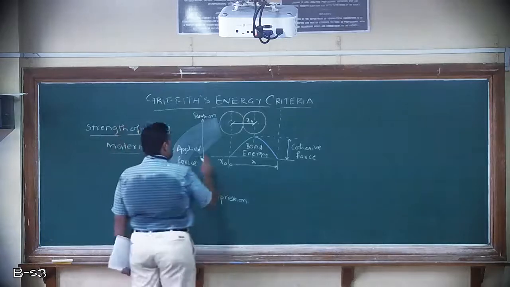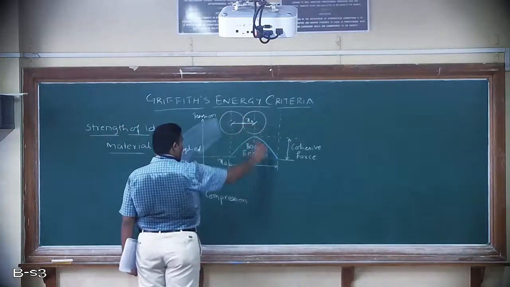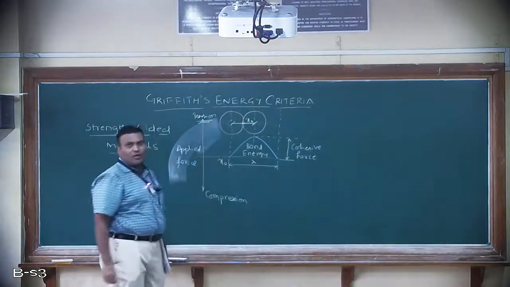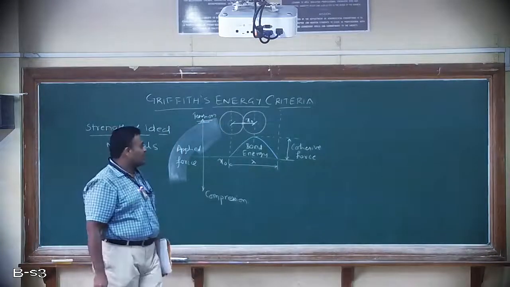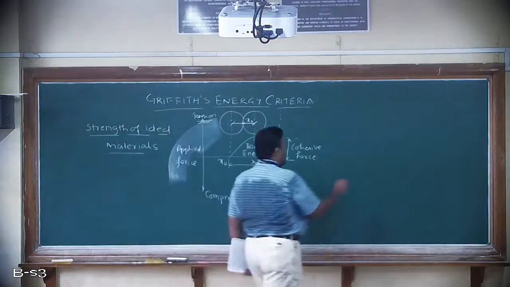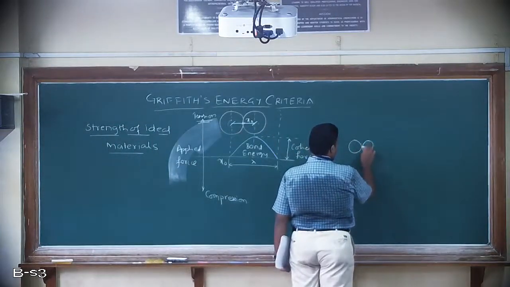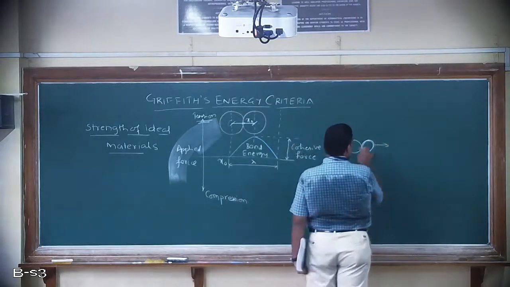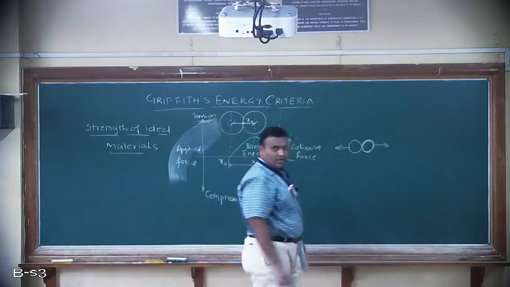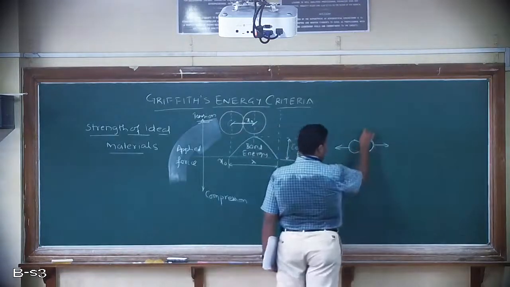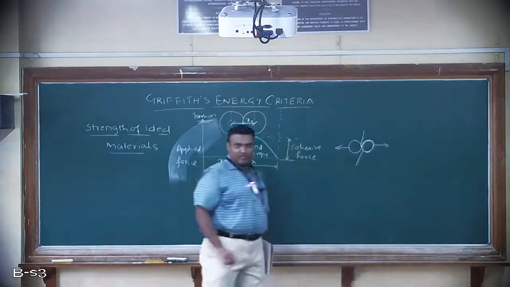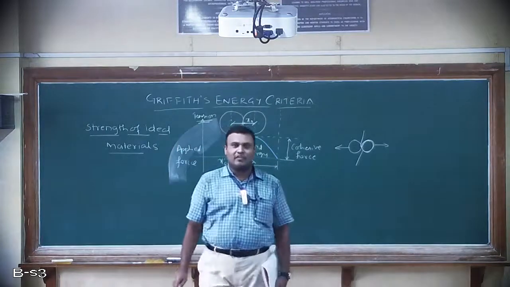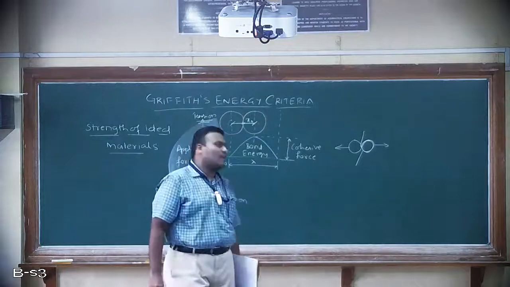To break apart these atoms we need to apply a tensile load, because compression load will not help in breaking them. At tensile load there will be breakage of the bond, and that breakage of bond is nothing but the fracture of the material taking place at the microscopic level.